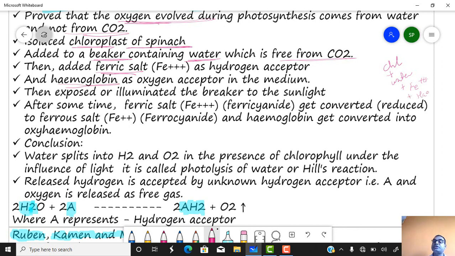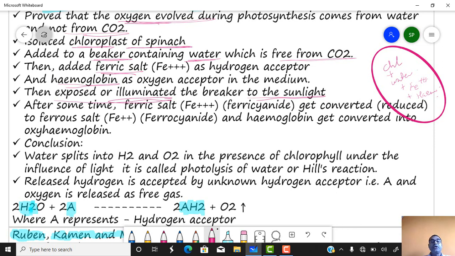So the isolated chloroplast, water, iron Fe3+ and hemoglobin, all these things are placed in a beaker which was free from carbon dioxide. Later on, he exposed or illuminated this beaker to sunlight. So this is actually the process of photosynthesis.